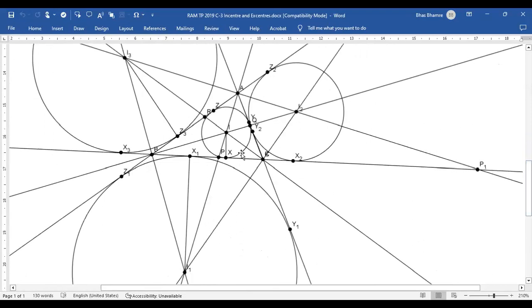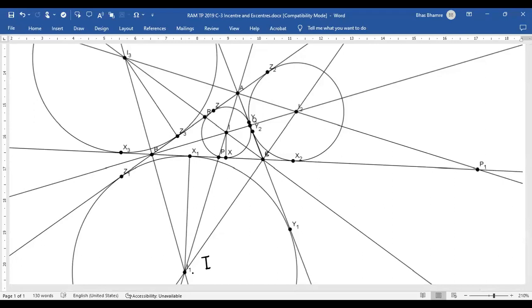Then where the incircle touches the sides, I name them as X, Y, and Z. The excircle whose center lies on the internal angle bisector of angle BAC, that is I1, sometimes also named as I sub A, like IA.